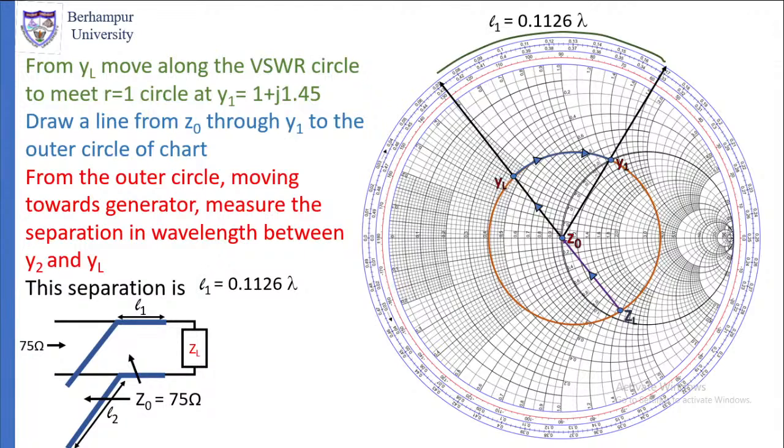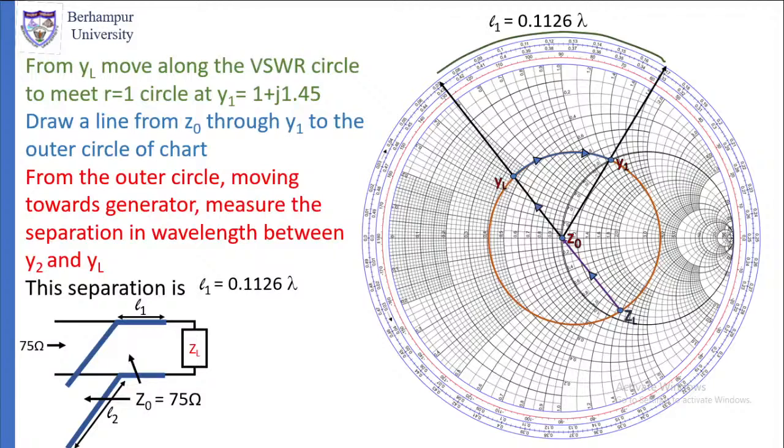Draw a line from Z0 through Y1 to the outer circle of the chart. Then from the outer circle move towards the generator.